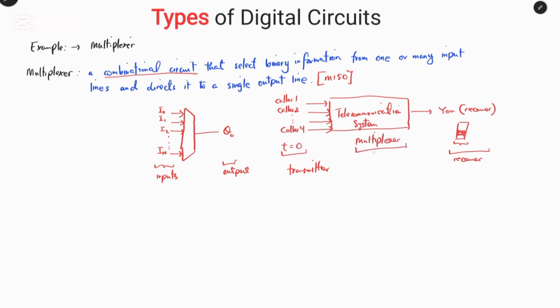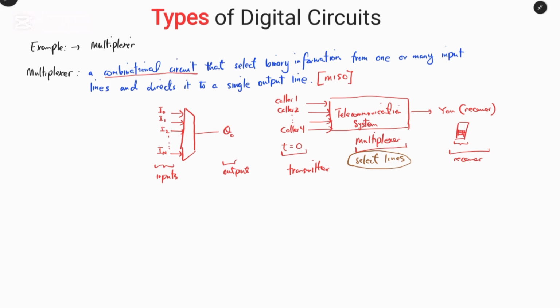So a multiplexer is responsible for selecting one call at a time. It is a process of transmitting a large number of information over a small number of channels or lines. In that case, we can say the telecommunication system, through the select lines, will be responsible for selecting which of the 4 callers can call you at that instant when t equals 0.